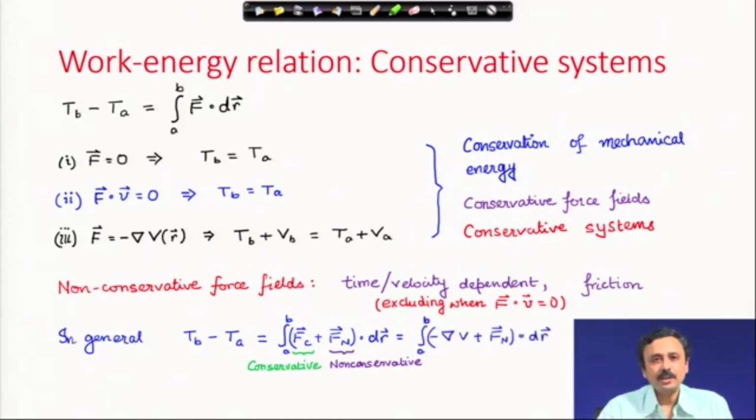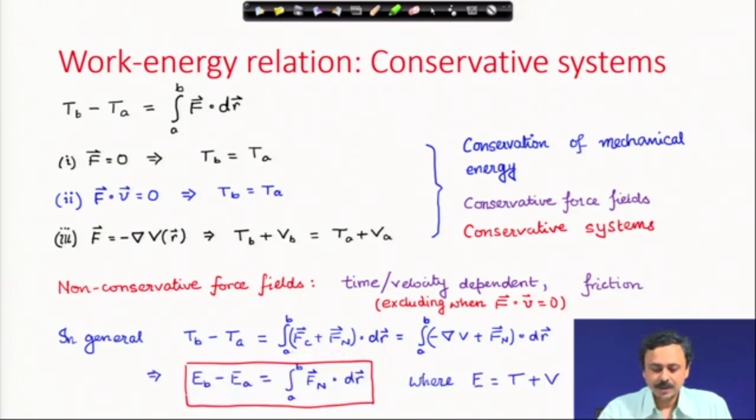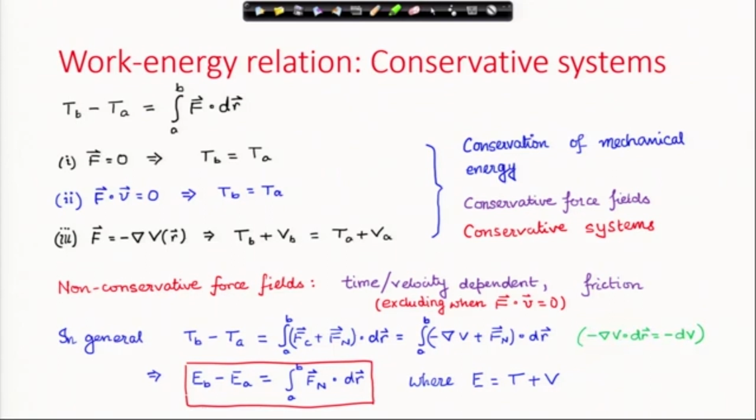Now, the conservative force can be written as the negative gradient of some potential, and we have discussed that negative gradient of V dot dr is dV. That I can bring on the left hand side and combine it with the kinetic energy to form the total mechanical energy.